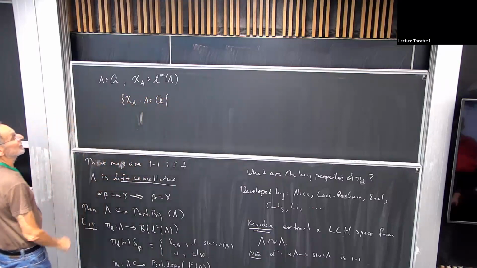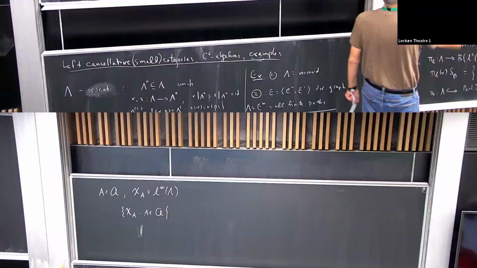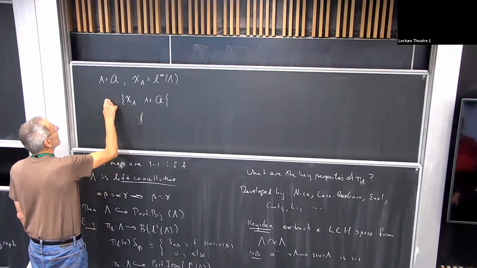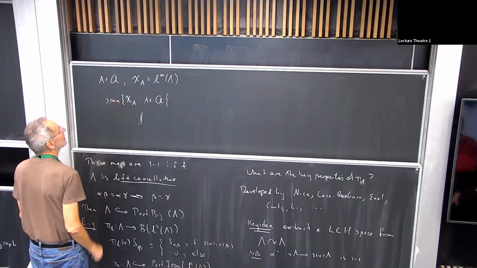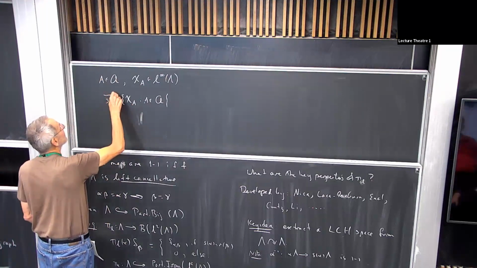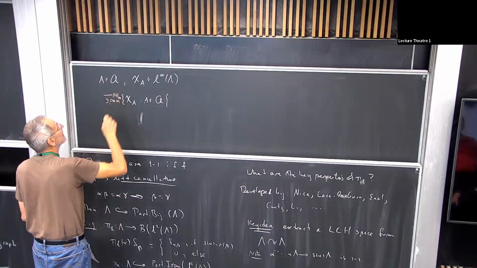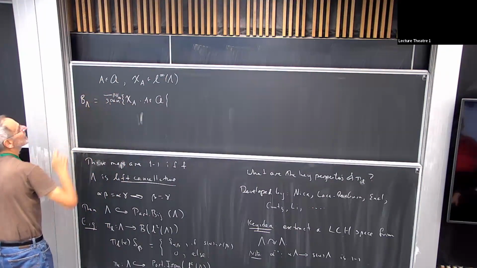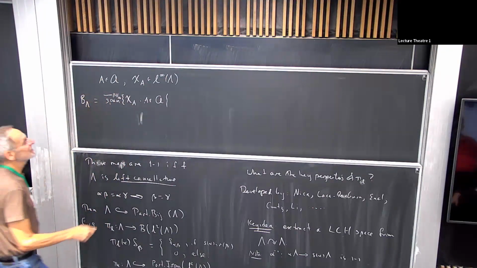They're closed under multiplication because A is closed under intersection. It's a ring. We take the span. Now it's a star subalgebra of little L infinity, so we can close it up in the infinity norm. I'm going to call that just E sub lambda. That's a commutative C-star algebra.